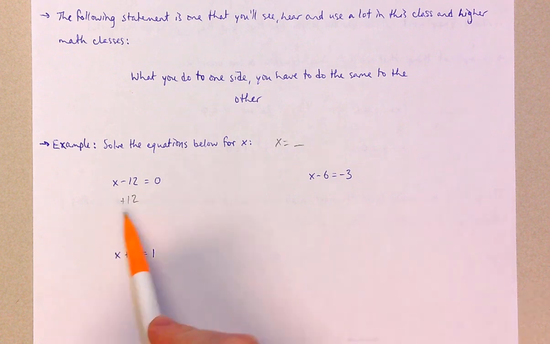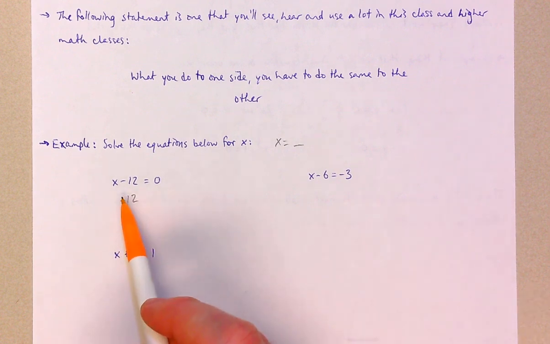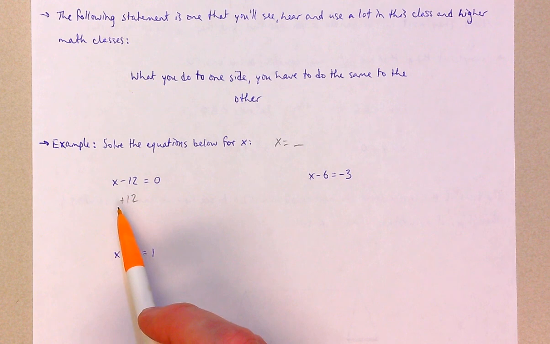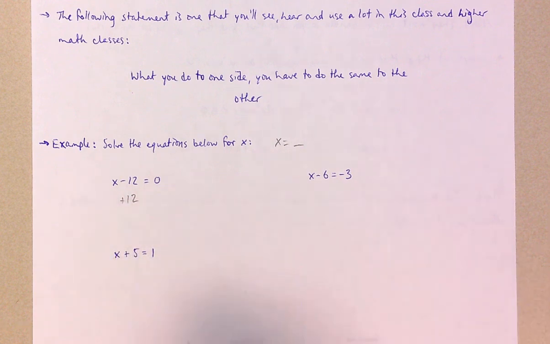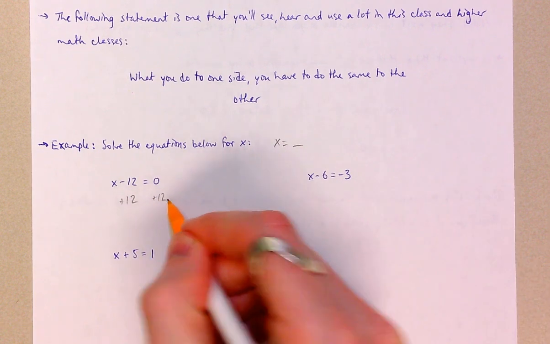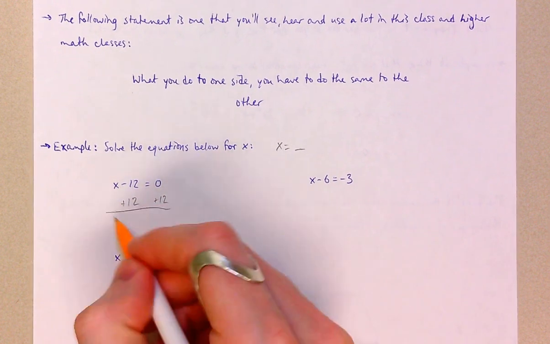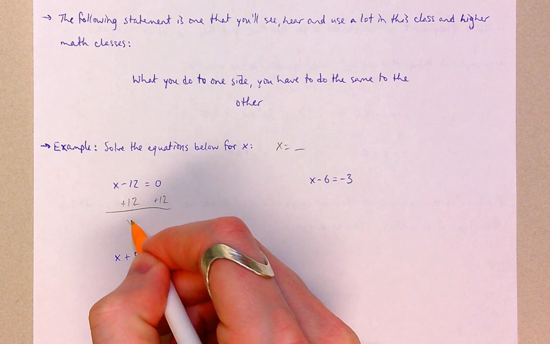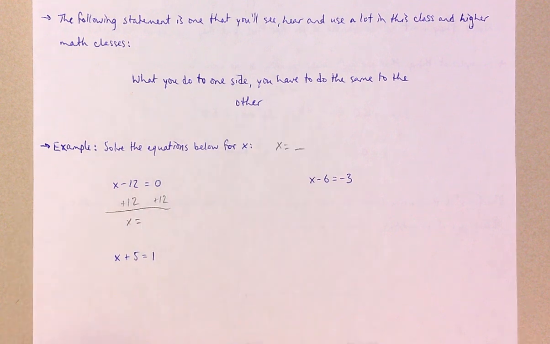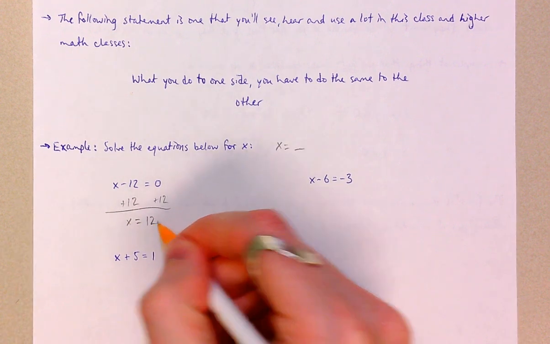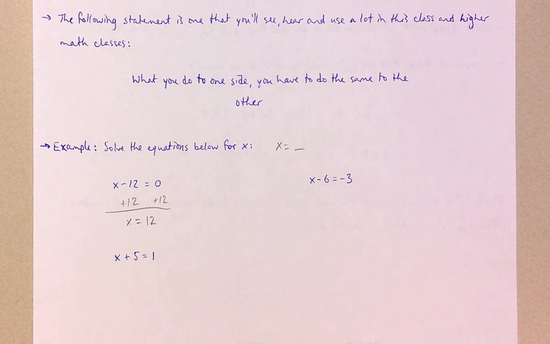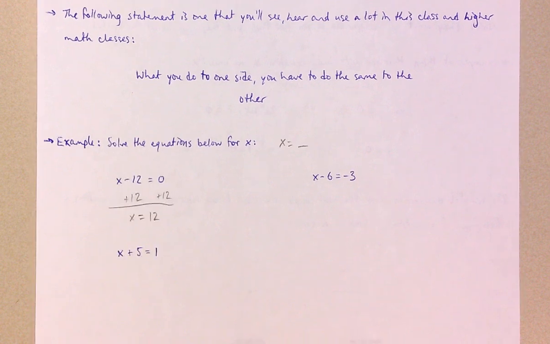So by adding 12 on the left side, I'll just be left with x. But then, as we said, what we do to one side, we have to do to the other. And now we add going down each column. And we're just left with x is equal to, obviously 0 plus 12 is equal to 12.